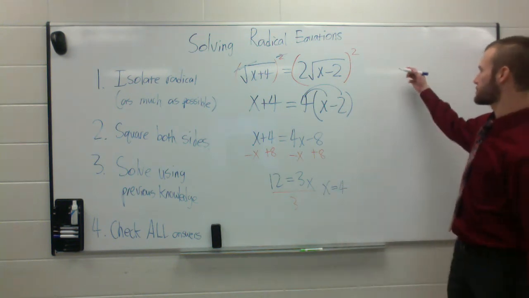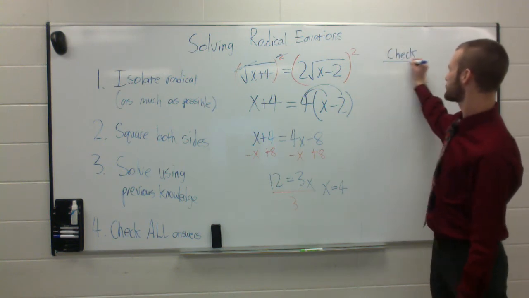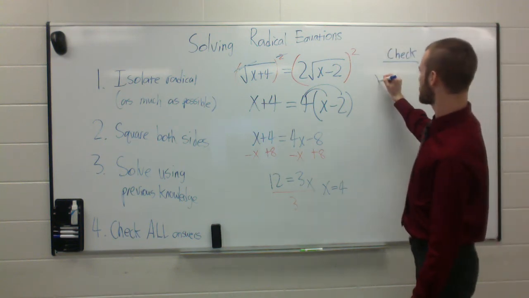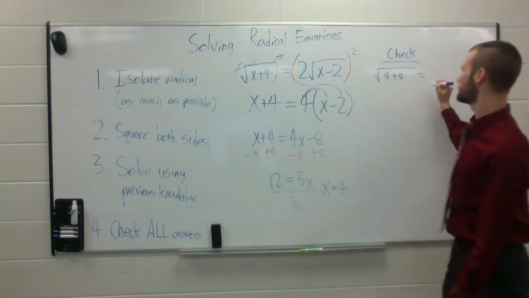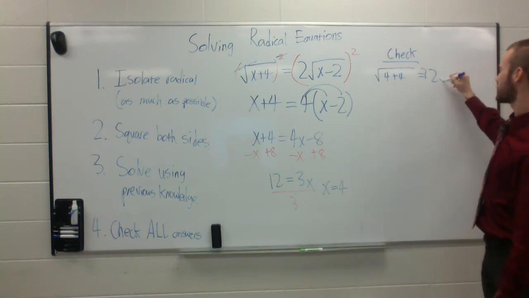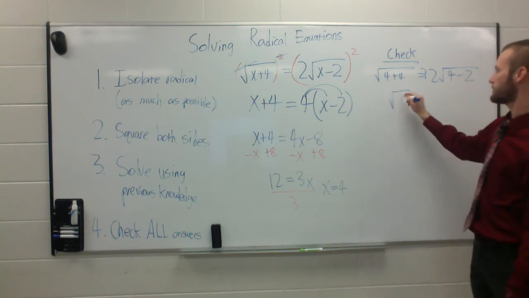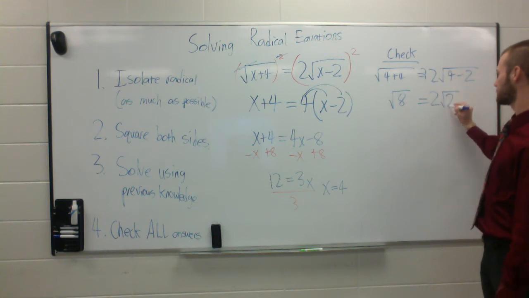But I'm not done until I check it. So does the square root of 4 plus 4 equal 2 times the square root of 4 minus 2? This is square root of 8, and this is 2 times the square root of 2.